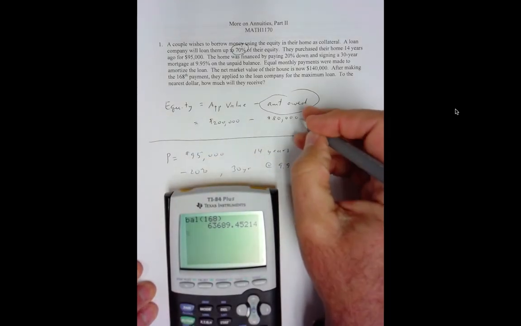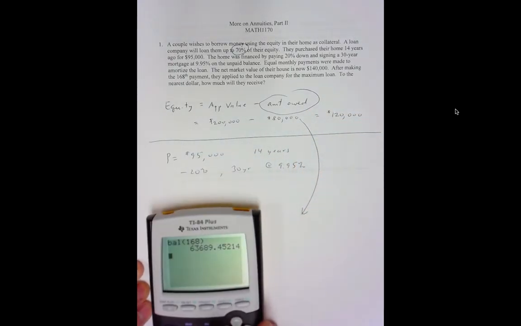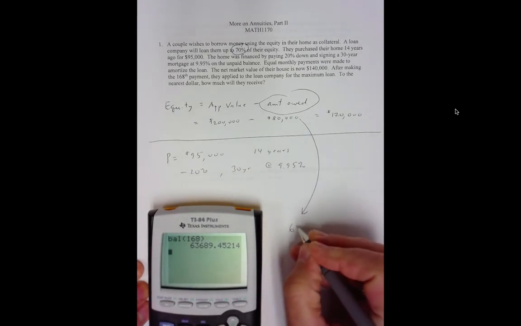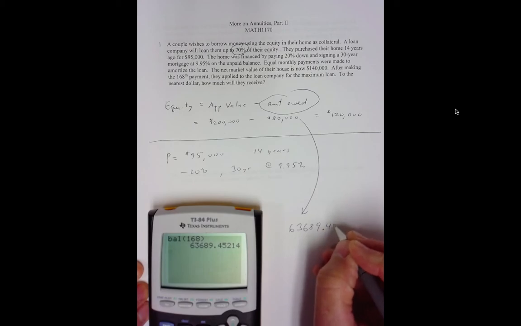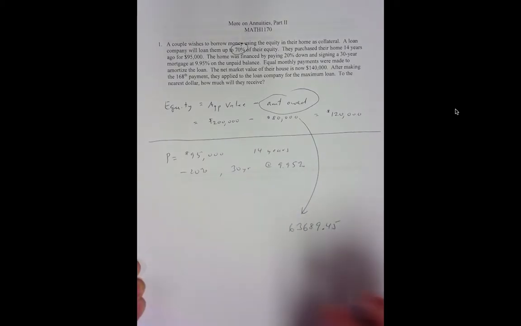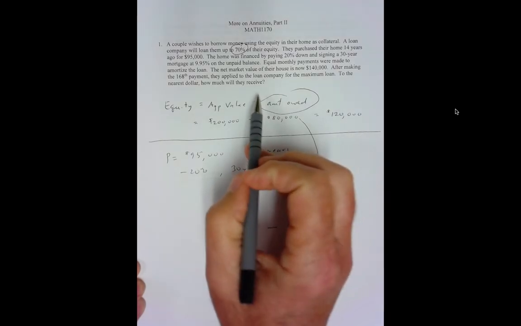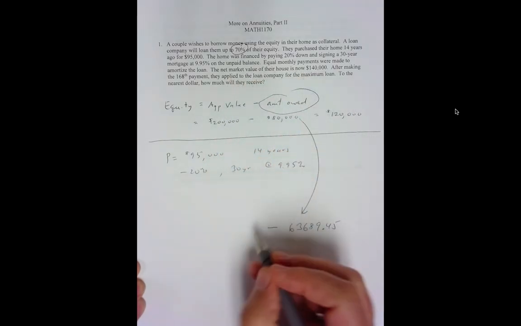So this is the amount owed. To find the equity, we need to come in and find the appraised value or the current value of the house, which is $140,000.